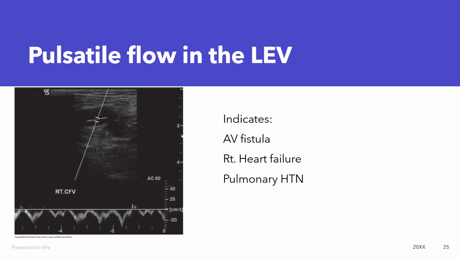And so we can see some of that pulsatility coming back in the waveform, demonstrating some resistance up ahead. So this could indicate that I have high levels of pressure in my right heart. That's being reflected out into my IVC, all the way down my iliacs, and then ultimately down in my lower extremity. So it's that right heart having increased pressures, and so it's reflecting its pulsatility back into the venous system.